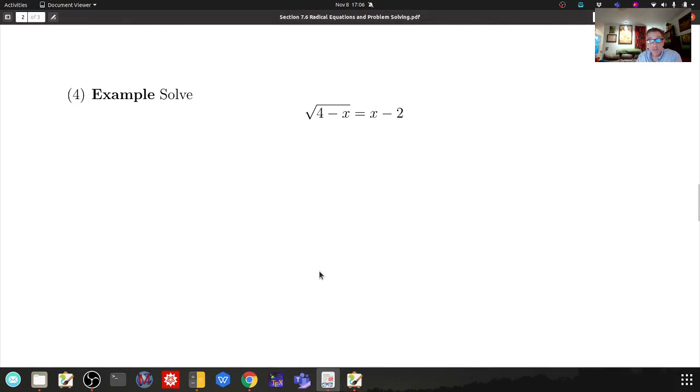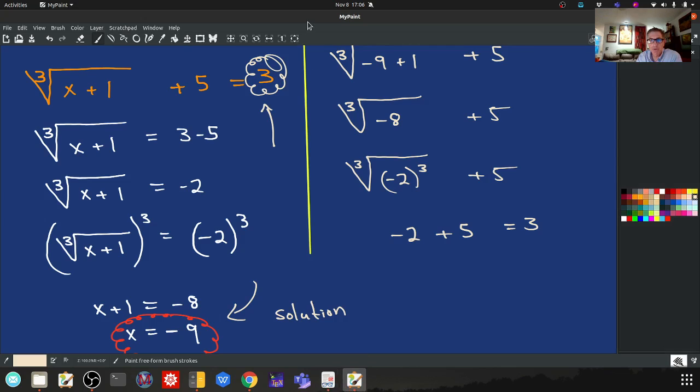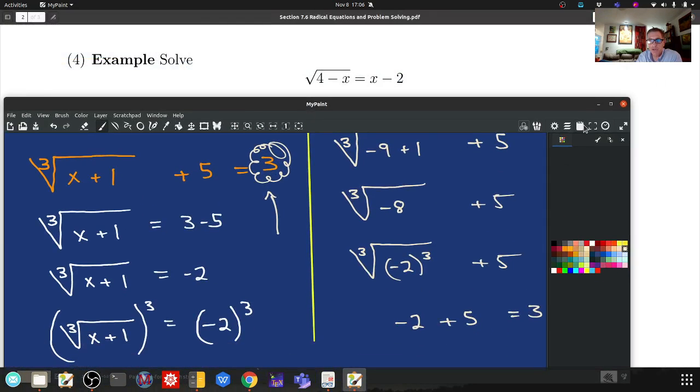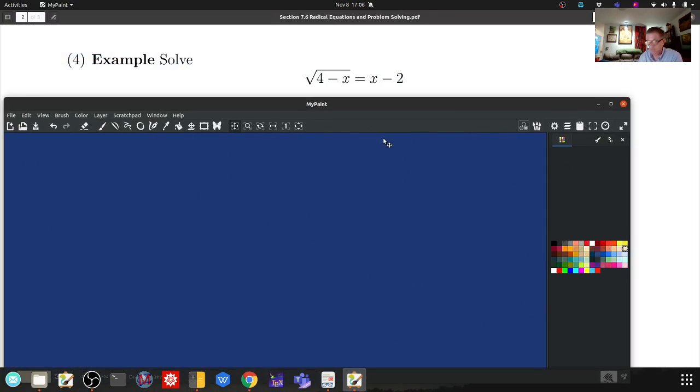We're not going to do this one because this one will lead to a quadratic equation. What I will do really fast is show you what it will lead to. So we already have, I won't solve it, but it won't hurt you to see it. If you observe, the index of this radical is 2.